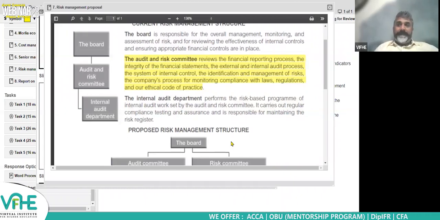Remember? Yes, sir. We will say that right now the audit and risk committee are looking at both functions. They might not have the appropriate expertise. And that is the reason it is advisable to have a separate risk committee. That's how you start. Always start from the scenario, what's currently happening, and then build your argument on top of that.